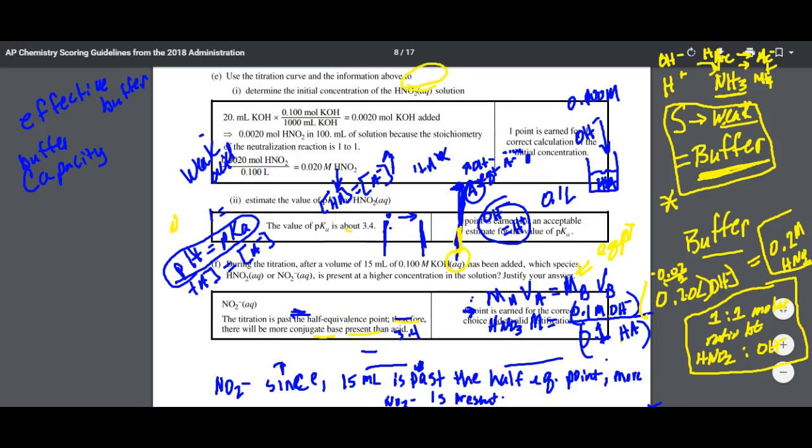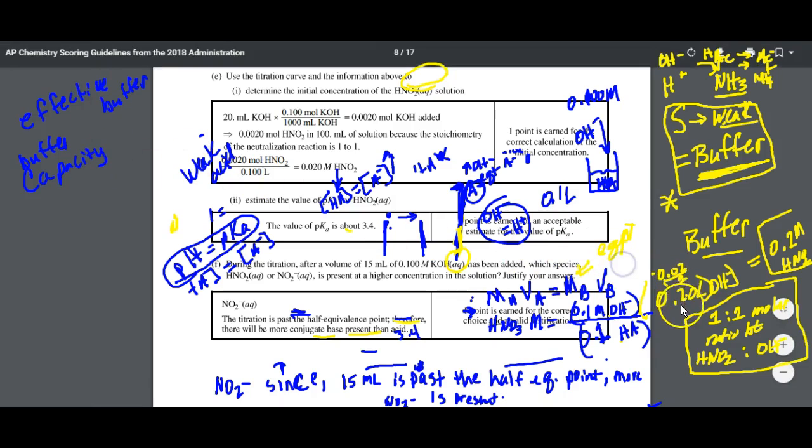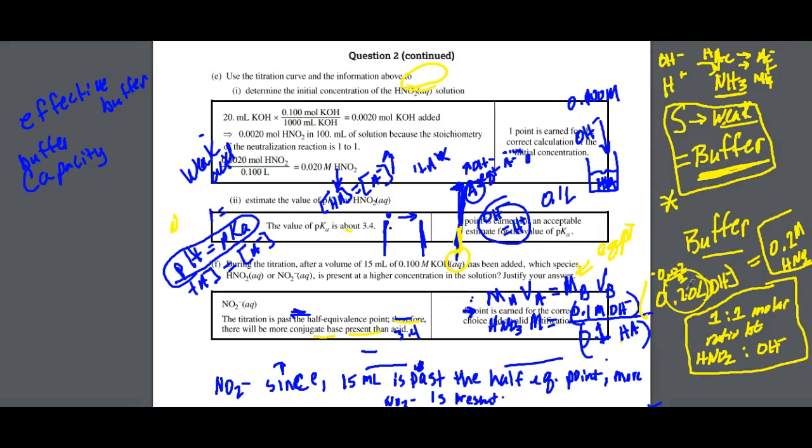Okay, 1 point is earned for the correct calculation of the concentration, 0.02 molars. Oh, what did we do? I did the math wrong. Should have got that calculator. 0.1. Oh, jeepers creepers. I put 200. Look at me. Don't be me.